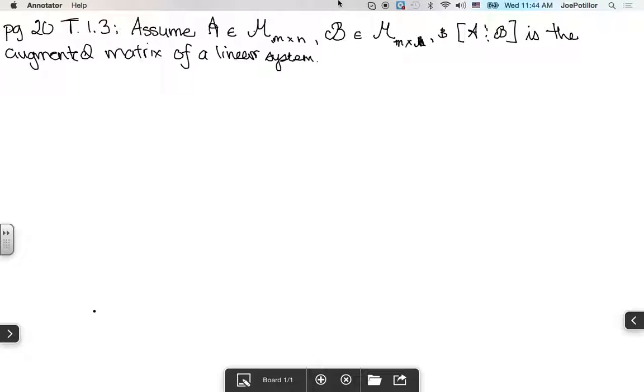Okay. Then it says, suppose AB maps onto CD.